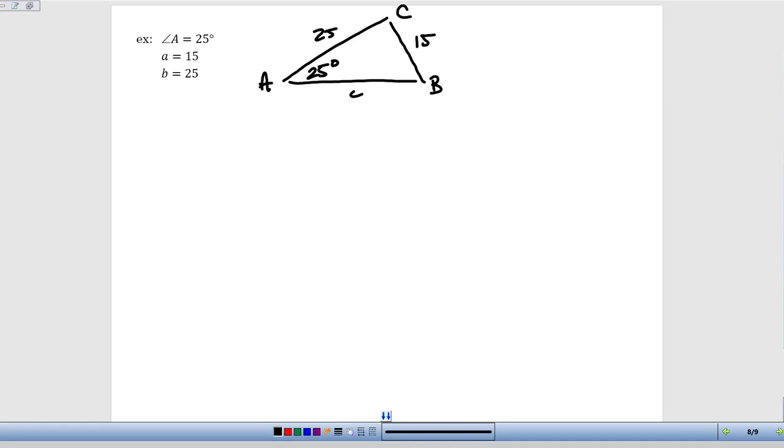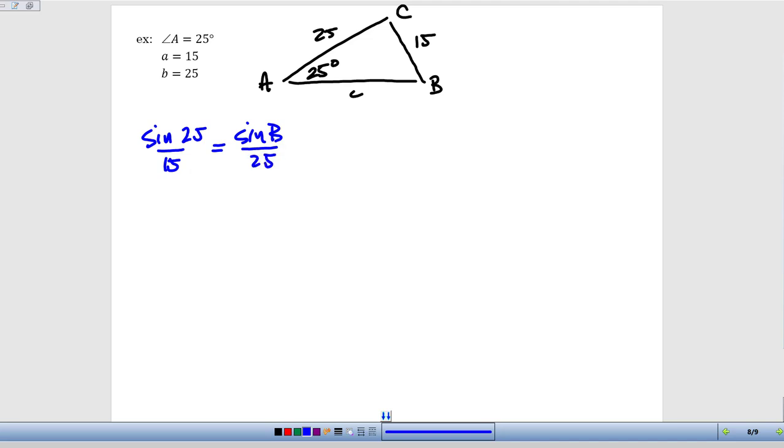So if we set up our law of sines, we've got sine of 25 over 15 equals sine of angle B over 25.